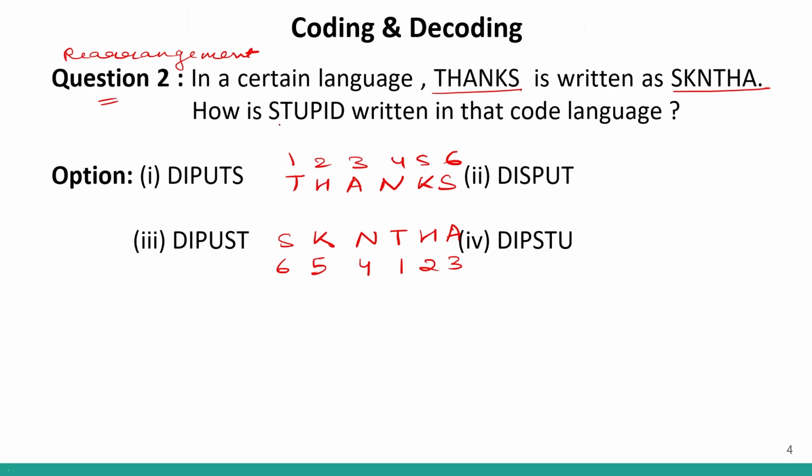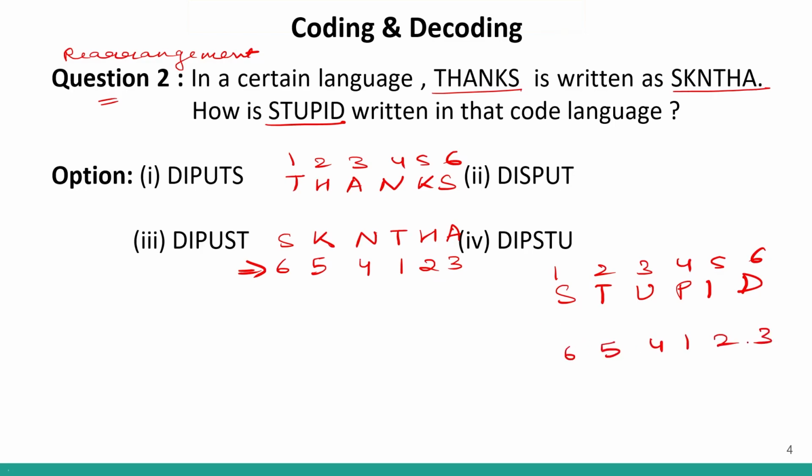So now I have to find the code for stupid. STUPID. I am assigning them numbers 1, 2, 3, 4, 5, 6. Now the numbers will be written in this order only, following the same pattern. So it will be 6, 5, 4, 1, 2, 3.